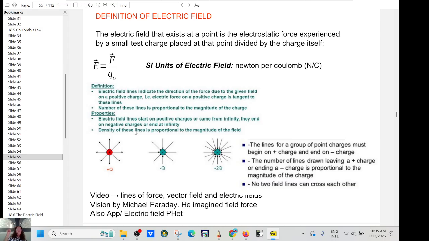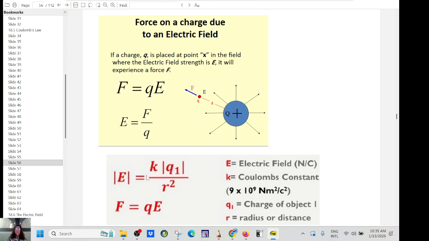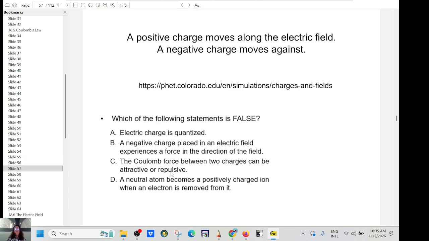Electric field lines always start from plus, go to minus, and they cannot intersect. Plus is a source, like a positive mind, the source of good vibes, so out. Minus is a sink. F equals QE is the equation for the electric field.